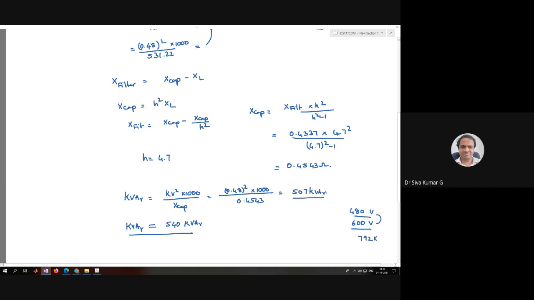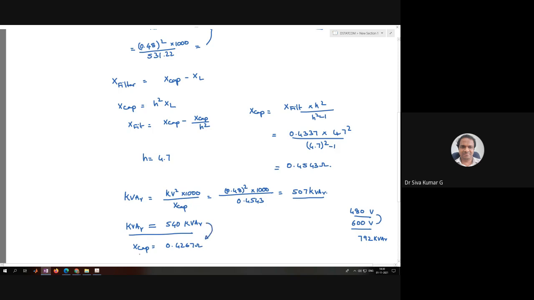If we consider 540 kVAr, the X cap we get is 0.4267 ohms.